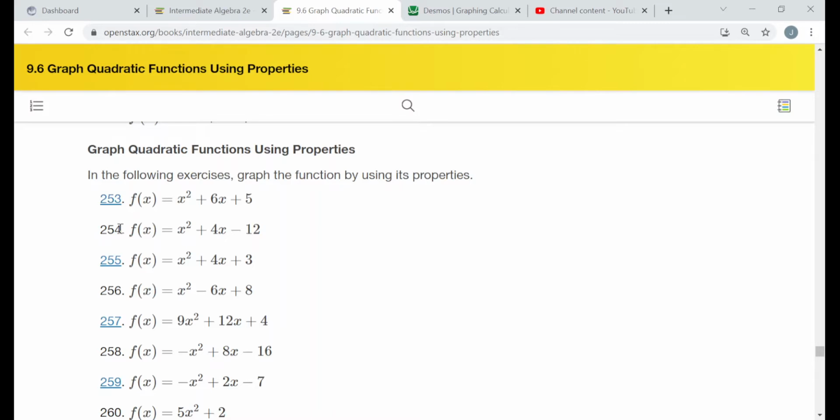I will also have timestamps for these exercises in the description of the video below. The example 1 timestamp will be for the start of number 254, example 2 for 256, and so on.